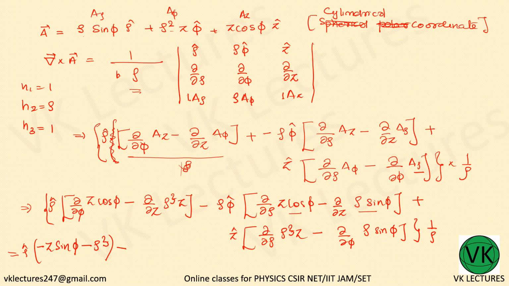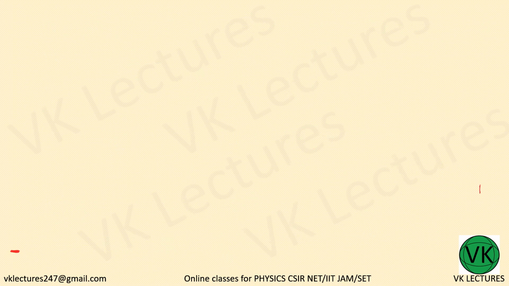So the second term is 0, plus z cap into dou by dou rho of rho cube z, so 3 rho square z, minus cos phi, rho cos phi into 1 by rho. So wherever there is rho, you can divide, but keep it as it is, 1 by rho, because here there is no term, here you have rho cube. Is this understood?